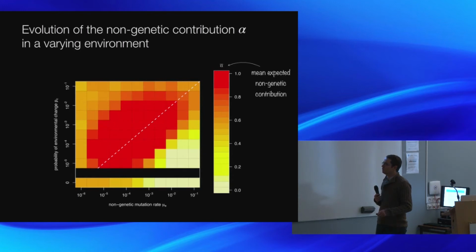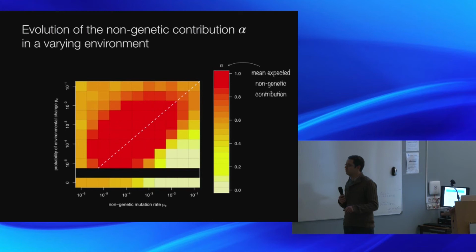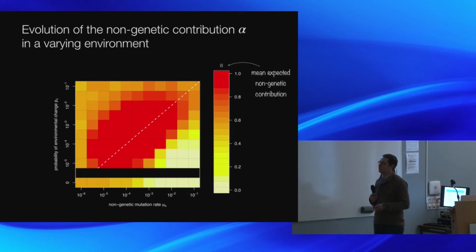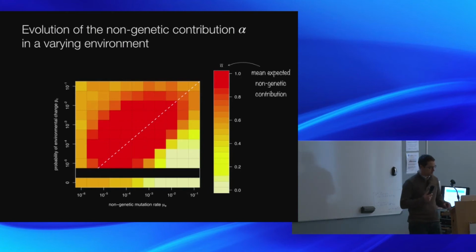And we see that as the probability of environmental changes increases, we have an increase of the non-genetic mutation rates that has the highest contribution. So we see that the optimum in alpha, the mean expected non-genetic contribution, increases as the probability of environmental change increases. And this is a result that is very similar to some results that can be obtained in bet hedging theory, for instance, which consider typically very high switching rates between phenotypes, but it's the same kind of results and explanation.